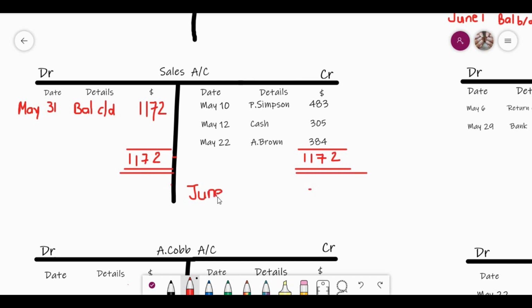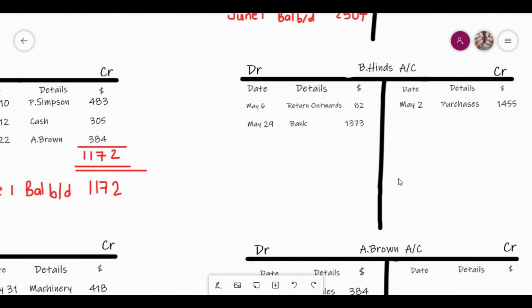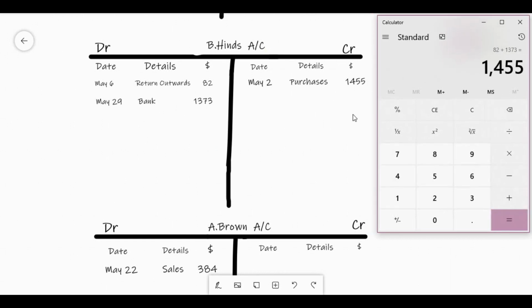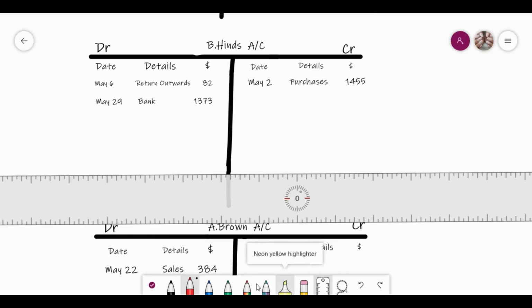June 1st, balance BD $11.72. Now the purchases account, as you see, is going to balance off itself because both sides are equal.